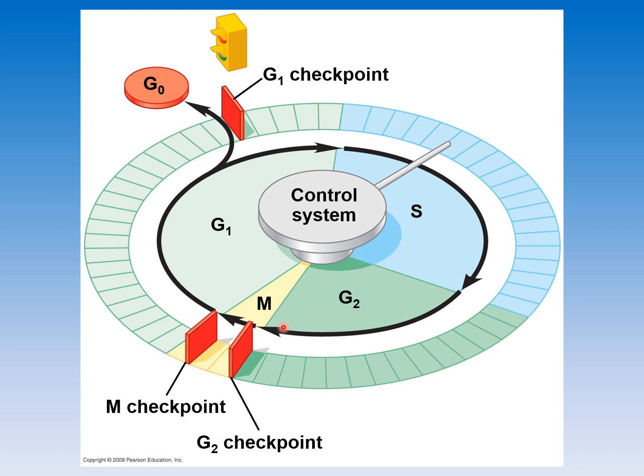In the G2 phase, you're continuing to prepare for cell division. There's a major checkpoint right here before you enter into the mitotic phase. If for some reason DNA replication did not occur properly, then it would not be allowed to continue into mitosis. And through mitosis, there's also another checkpoint. So there's several control mechanisms trying to assure that all this proceeds the way it is supposed to.